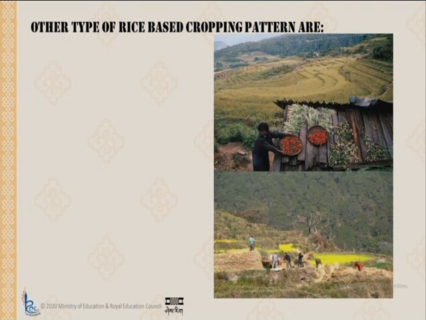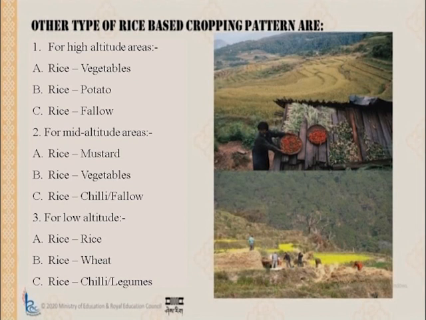So here I have a few examples of how other vegetables are grown after rice harvesting. So for high altitudes, rice, then after rice harvesting, vegetables are grown. So you can see in the slides.